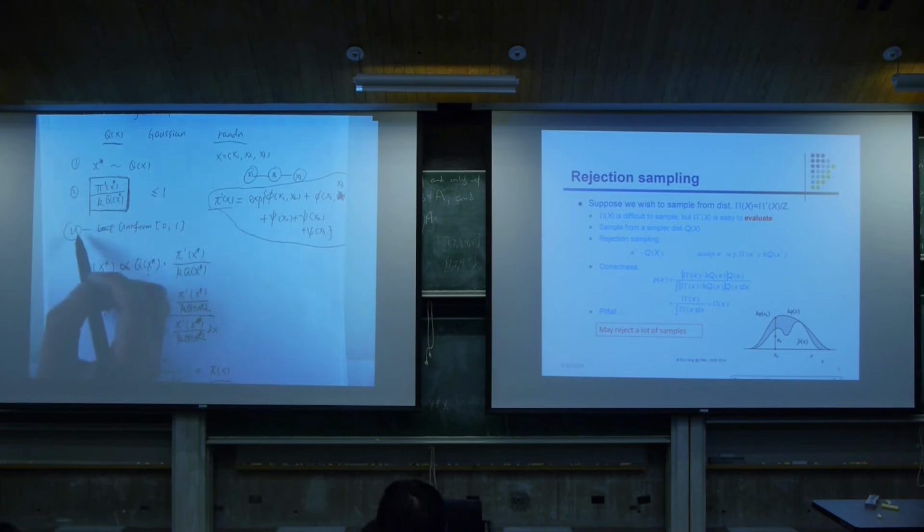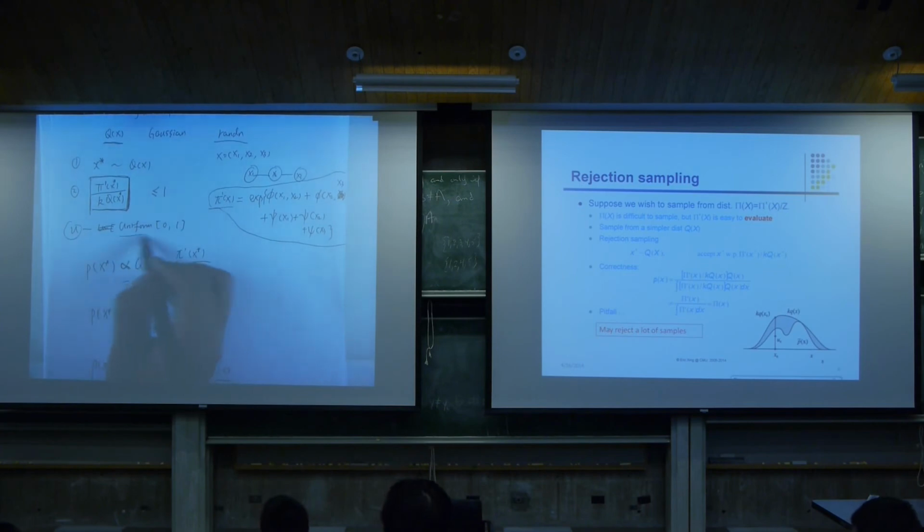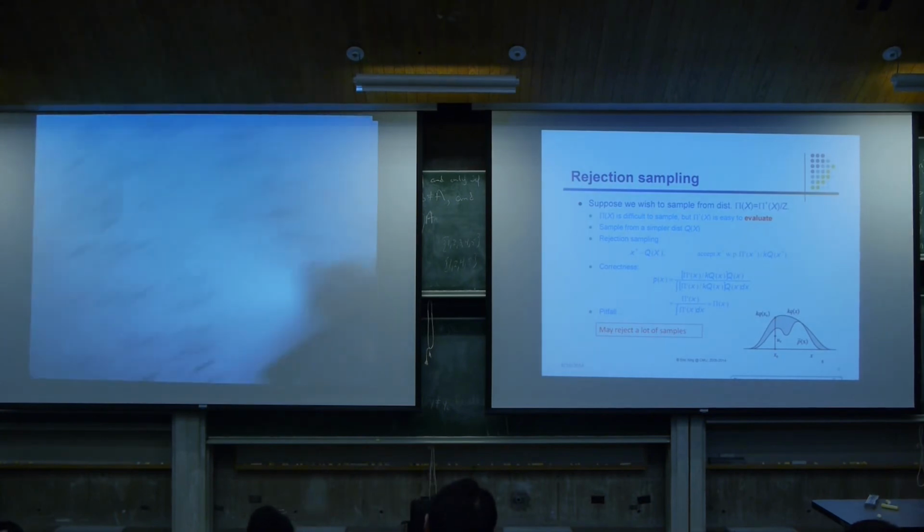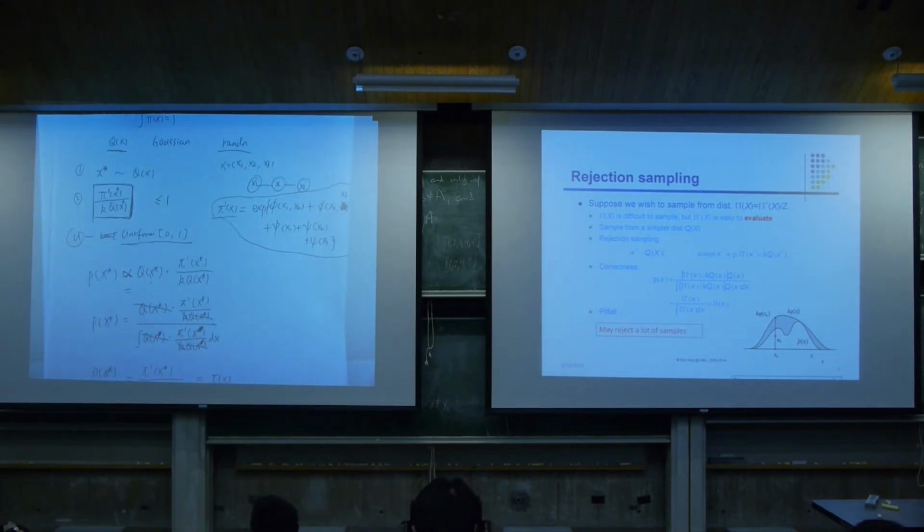If mu is less than this quantity, you accept this sample, otherwise reject it. So here, this is simply a practical way to sample from a Bernoulli distribution. So this is the rejection sampling.